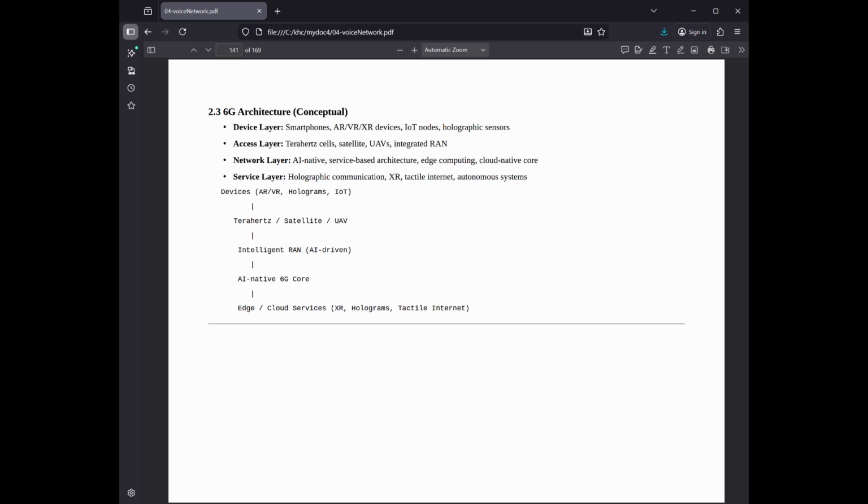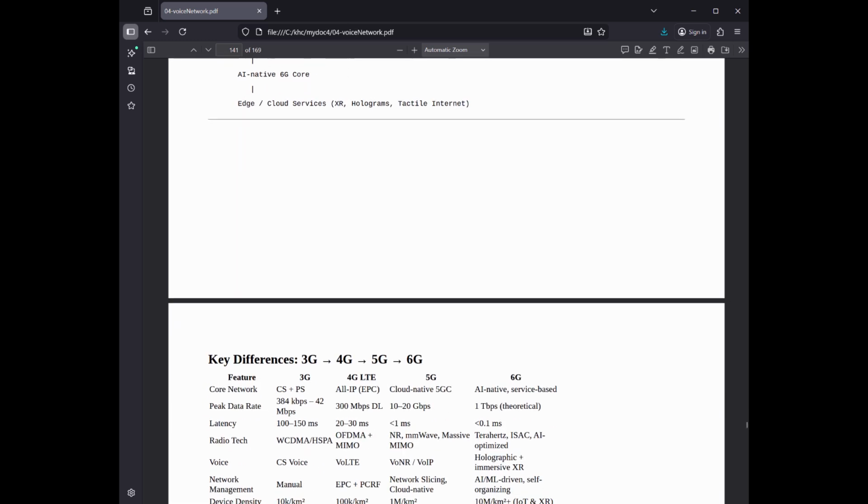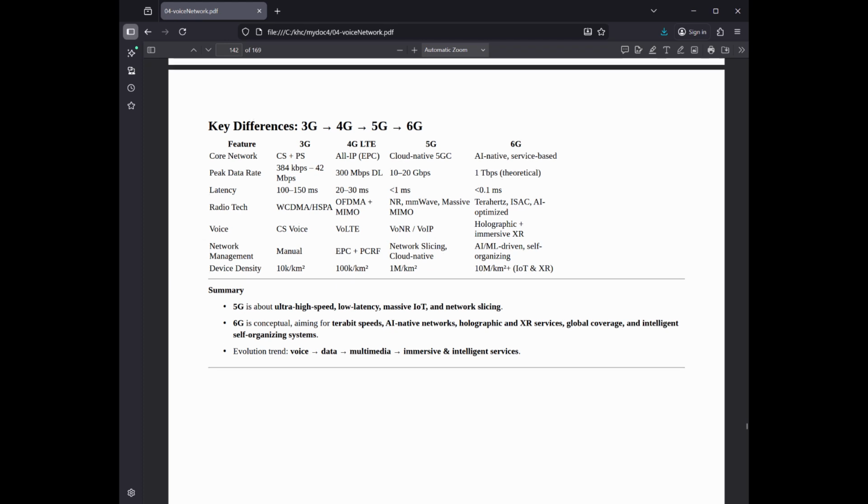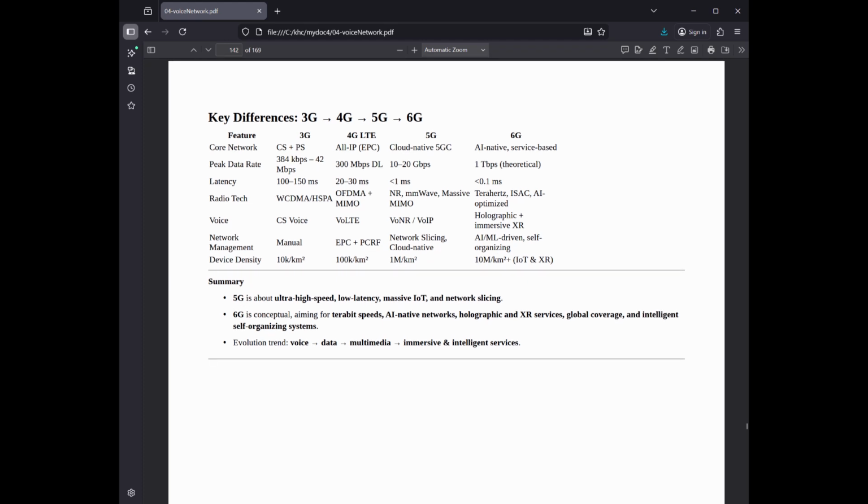Key differences: 3G to 4G to 5G to 6G. Core network: CS plus PS, all-IP EPC, cloud-native 5G core, AI-native service-based. Peak data rate: 384 kbps, 42 Mbps, 300 Mbps DL, 10 to 20 Gbps, 1 Tbps theoretical. Latency: 100 to 150 milliseconds, 20 to 30 milliseconds, 1 millisecond, 0.1 milliseconds.